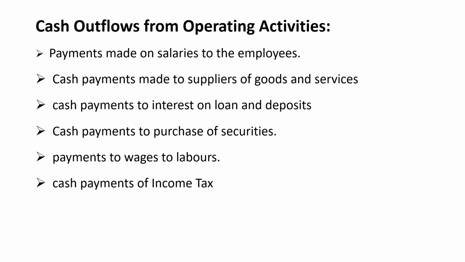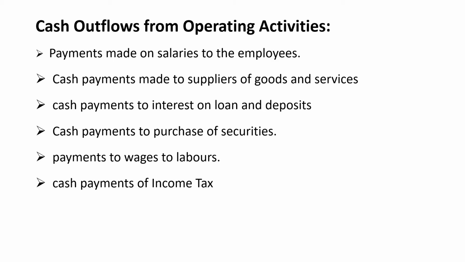Next, cash outflow from operating activities. Following are some of the examples for cash outflow from operating activities. First one, payment made on salaries to the employees. Cash payment made to suppliers of goods and services.